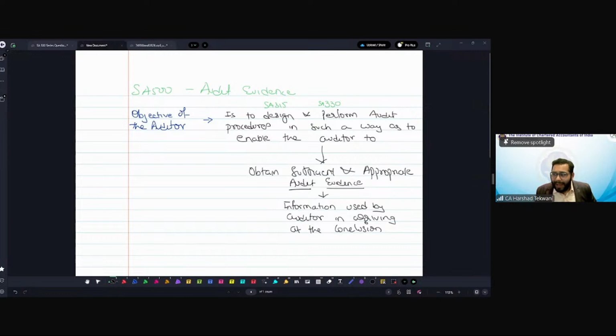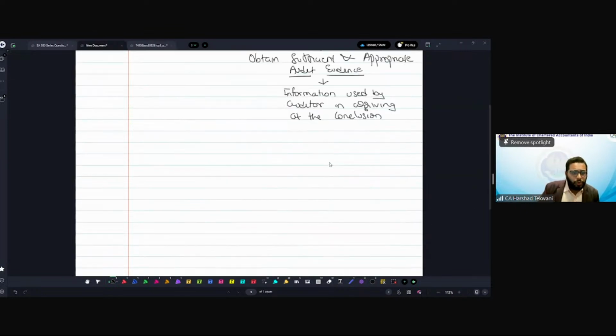Now it can contain information in the accounting records as well as information obtained from other sources. So there are two types of sources: one is the accounting records, and the second is other sources. Can someone give me an example of another source? Expert advice on any matter. Okay.